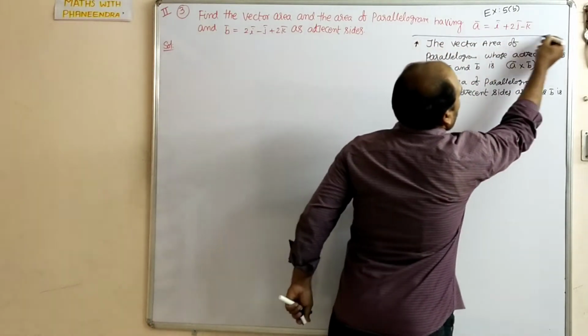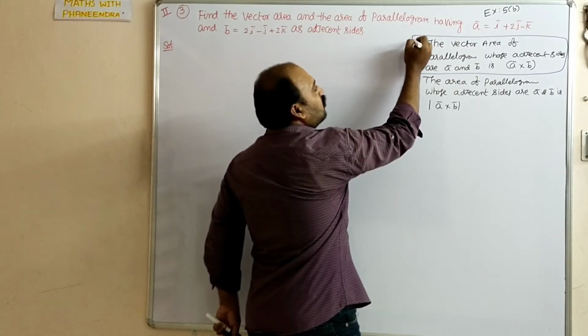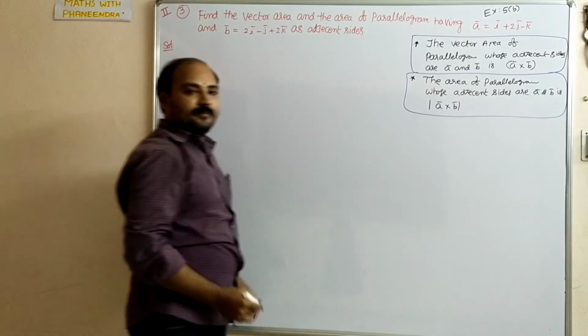So this is one formula, vector area of the parallelogram whose adjacent sides. This is the area of the parallelogram.